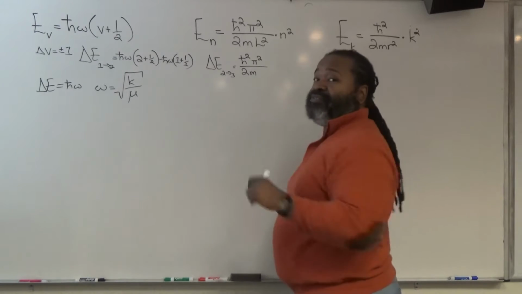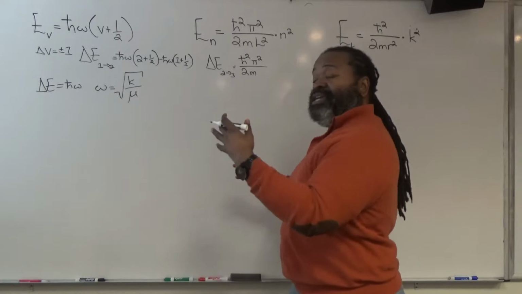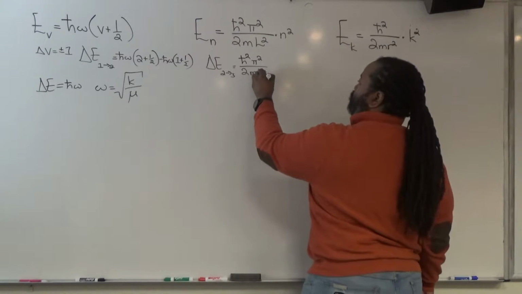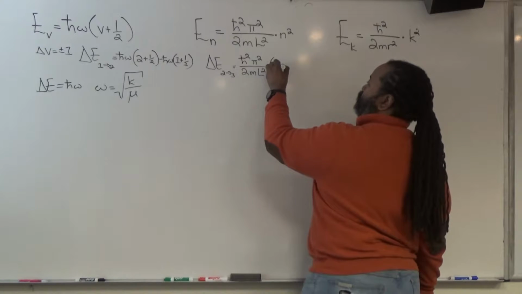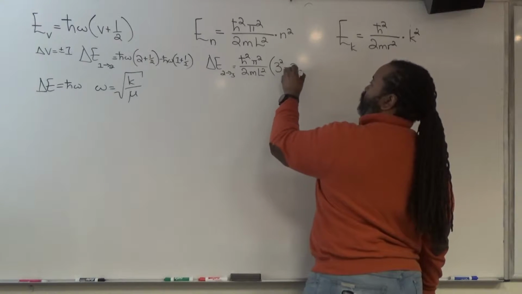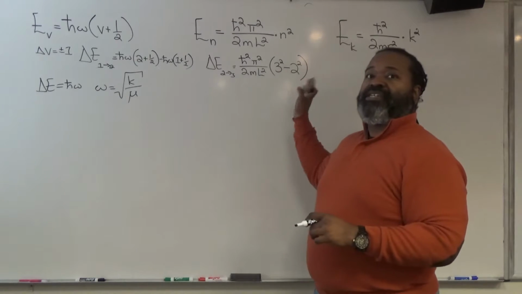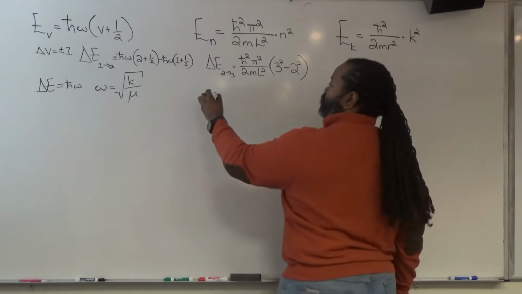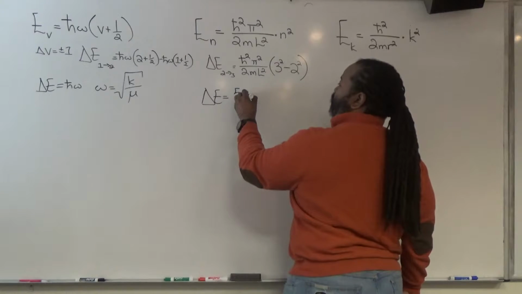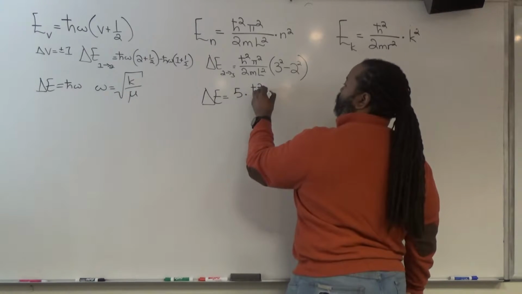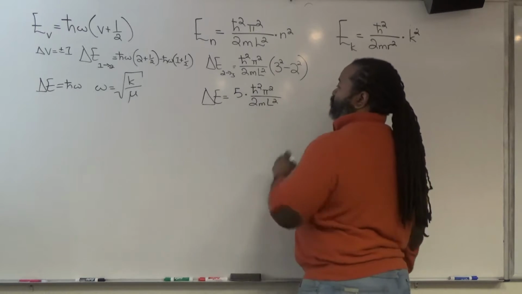The mass of whatever is inside that confined area is going to remain the same, and the length of it is also fixed. So if this is the final, then we have 3 squared and 2 squared for the initial. And so in this case, we're looking at 9 minus 4, which is 5. So for this particular transition, we have 5 times h bar squared pi squared over 2mL squared.